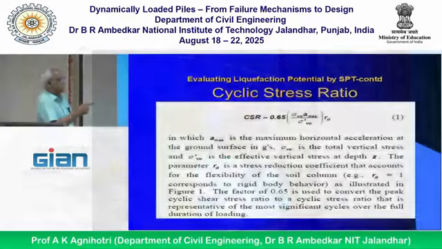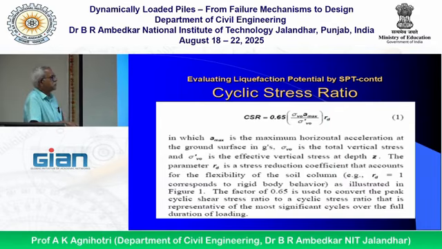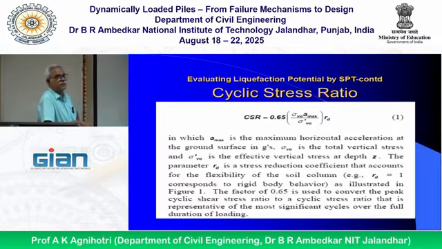RD is the stress reduction coefficient that accounts for the flexibility of the soil column. For example, RD equal to 1 corresponds to rigid body behavior. So that depends upon flexibility.